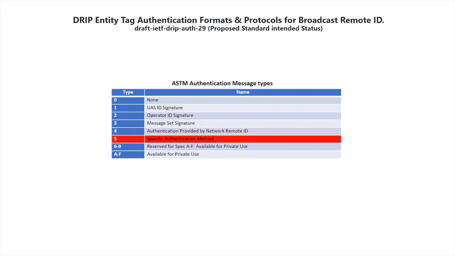The document defines a DRIP-specific authentication method carried in ASTM authentication messages. This method, when properly used, enables a high level of trust that the content of other ASTM messages was generated by their claimed registered source. The authentication approach also provides some error correction.